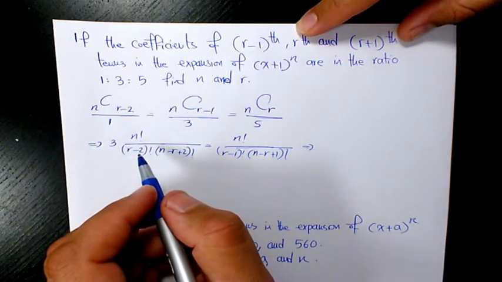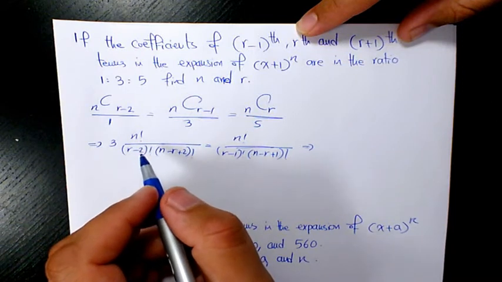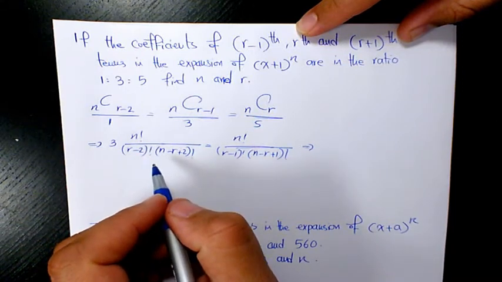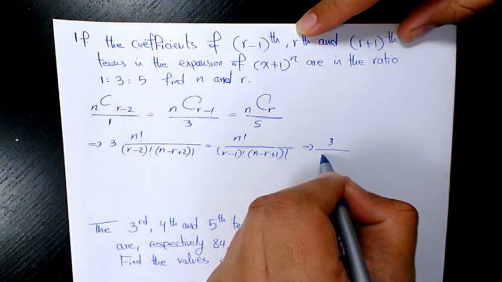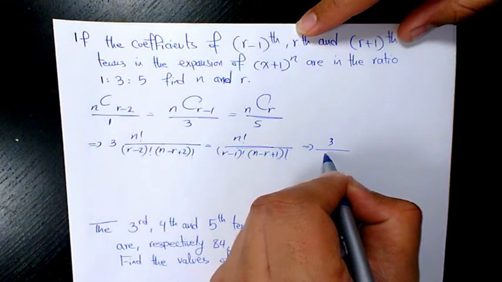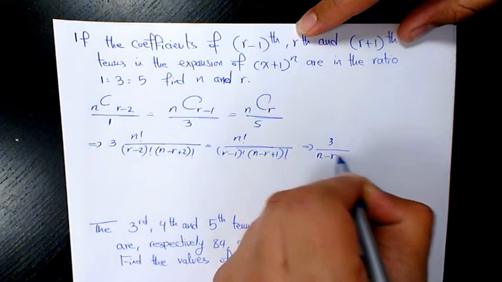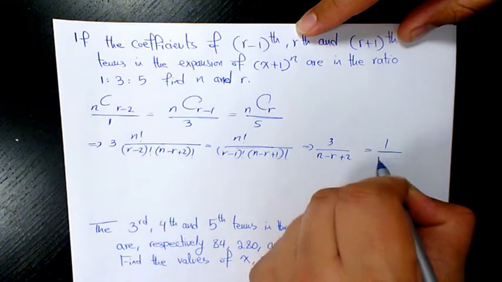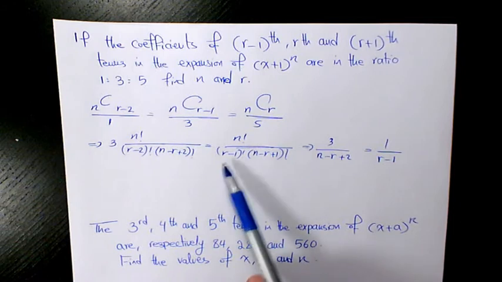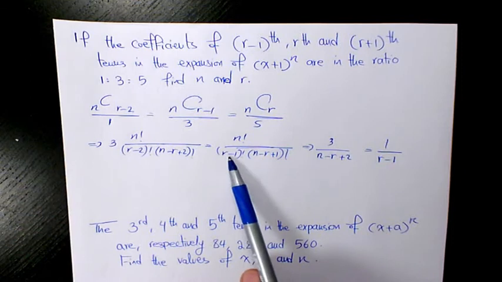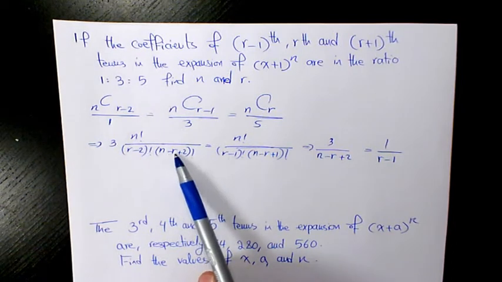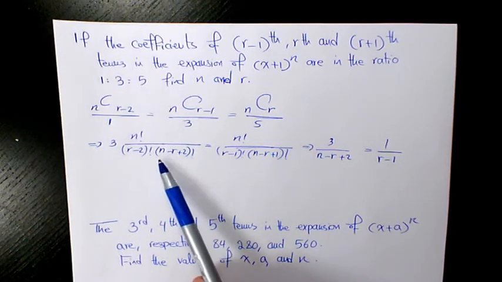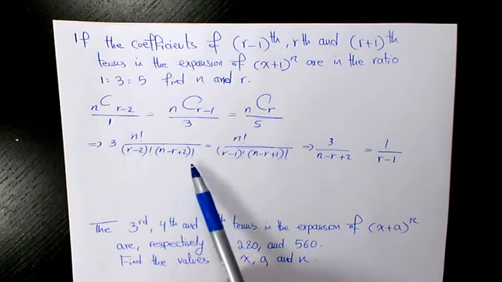That's going to be 3 over n minus r plus 2, 1 over r minus 1, because r minus 1 factorial is r minus 2 factorial times r minus 1, and n minus r plus 2 factorial equals n minus r plus 2 times n minus r plus 1 factorial.